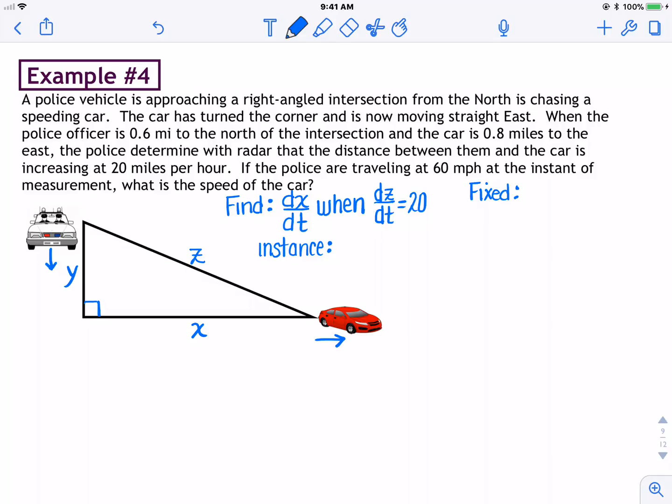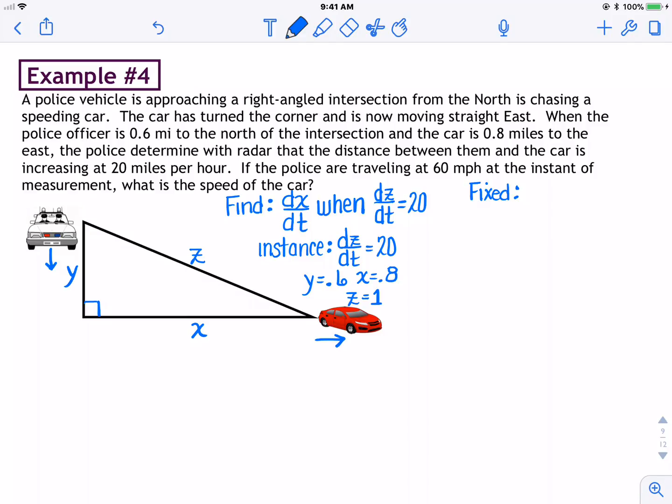So at that instance in time, we also know that our y value is 0.6 miles, our x value is 0.8 miles, our z value, if you do a little Pythagorean theorem, turns out to be 1 mile. So all those would be true at that instance in time.